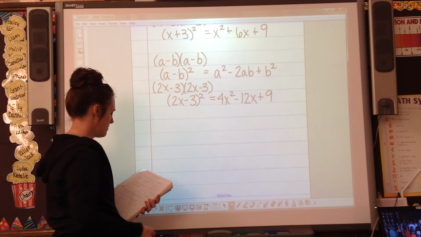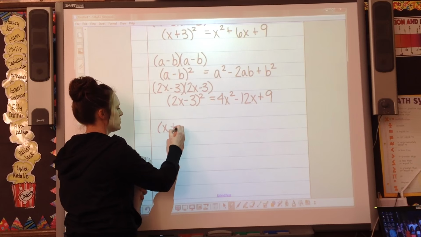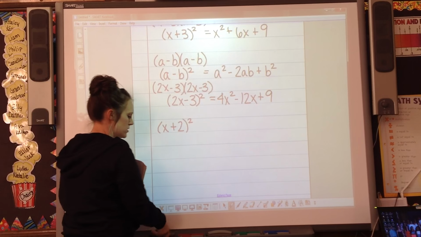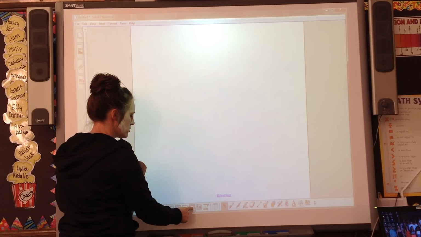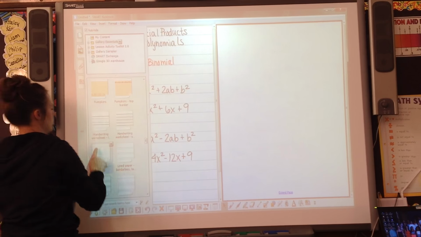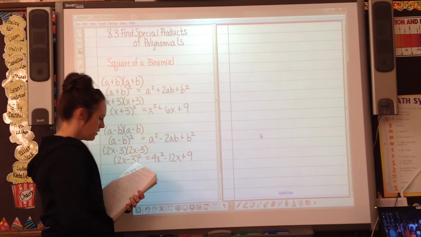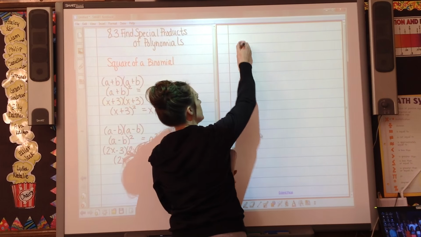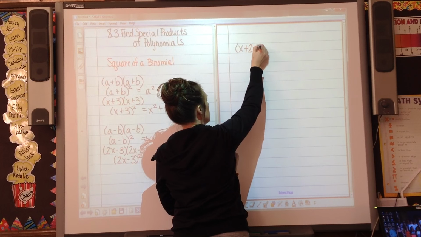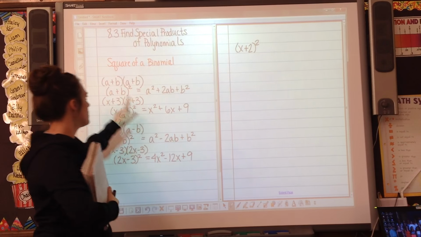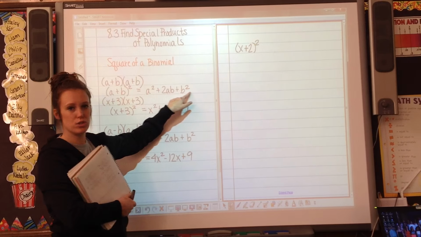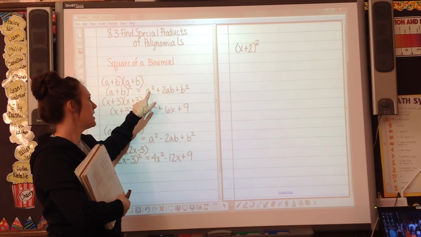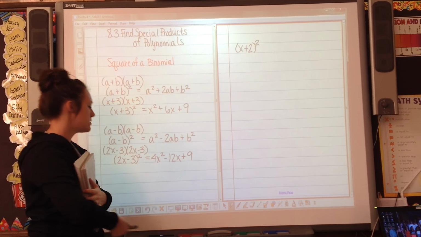Let's say we have x plus 2 squared. You know what, I'm going to do this on the next page. That way we can see the shortcuts. We had x plus 2 squared. If your problem is adding, you're going to follow this shortcut. This is what you want to memorize. A is your first term, B is your second term.